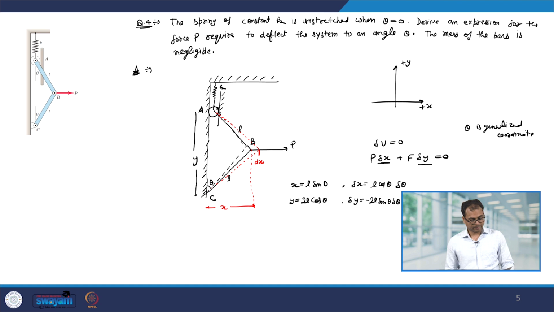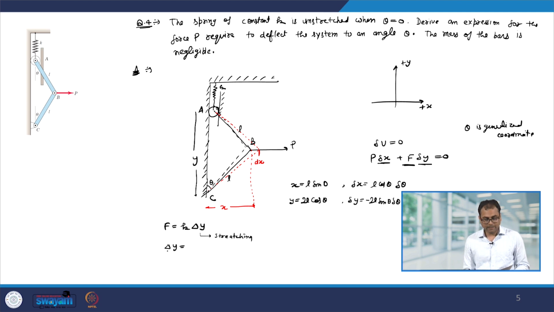Let us find out this force F. As we have done in the previous case, F will be k times delta y, where this delta y is the stretch in the spring. And delta y will be 2L minus y, because it is given that the spring is unstretched when theta is equal to 0.